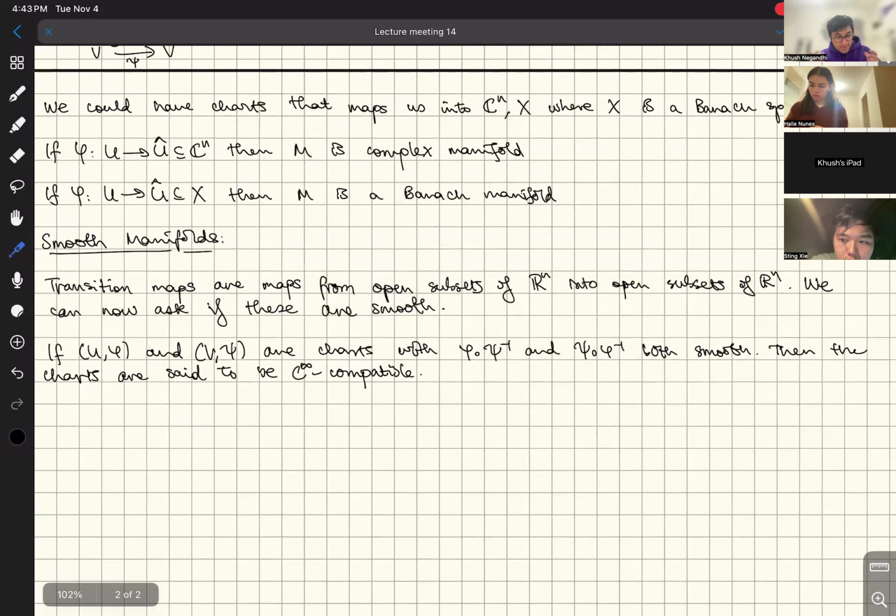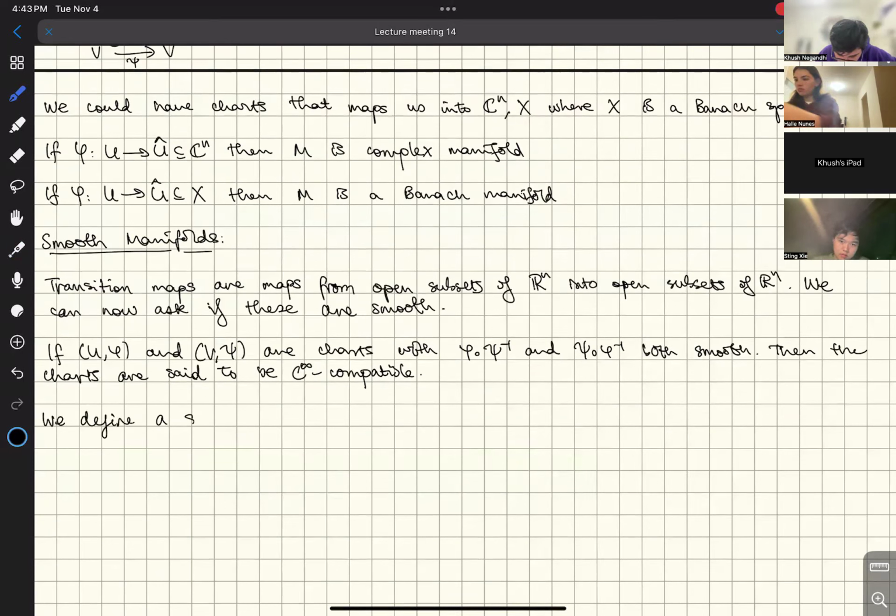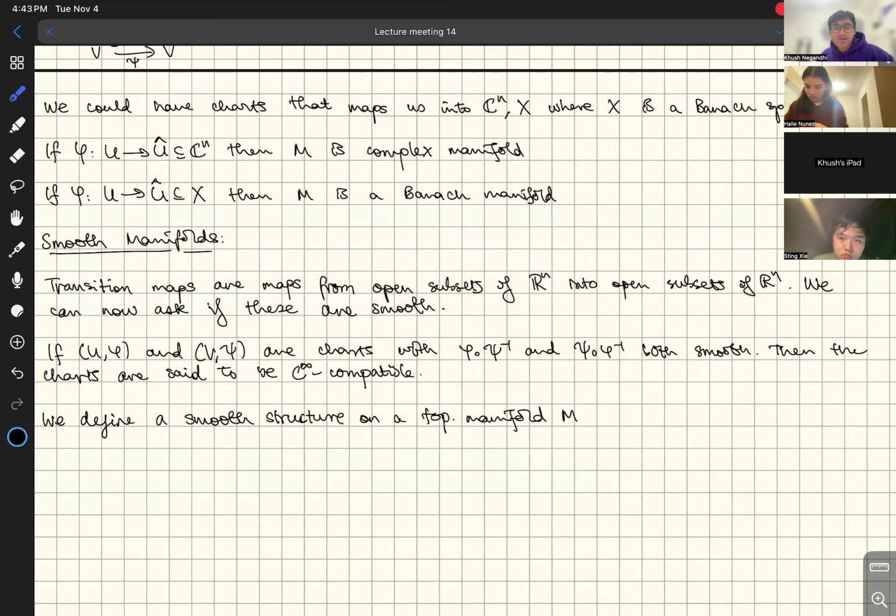Okay. Now, what we're going to do is define a smooth structure on a topological manifold M. I'll suppress the topology because that's not really important.